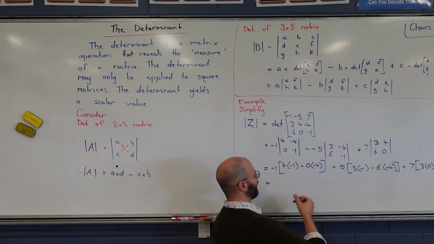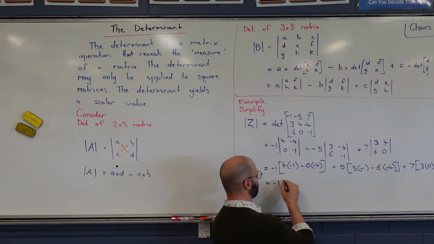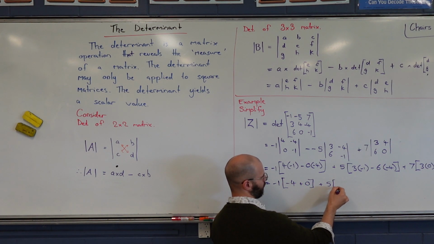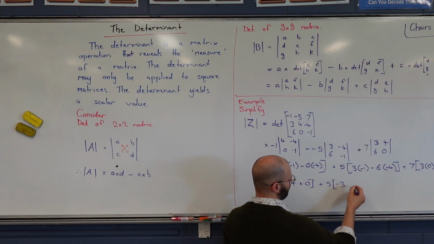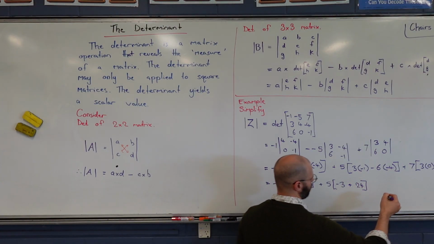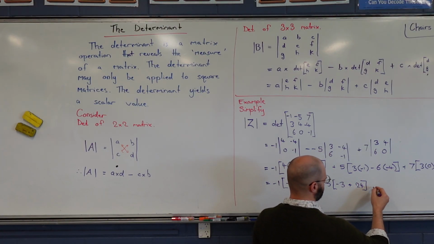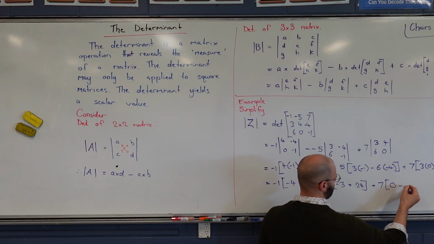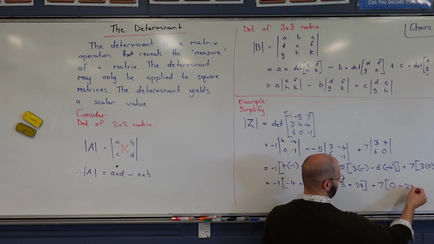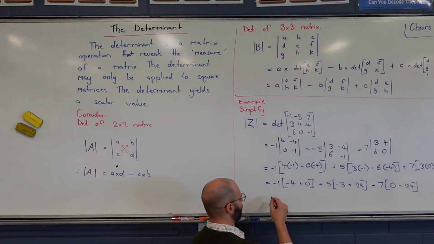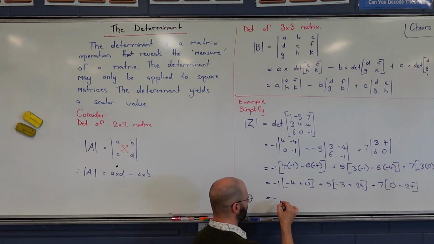Okay, and then it's just calculating. So -1, -4 plus 0, plus 5, -3, plus 24. Okay, and we probably need a calculator for some of this.